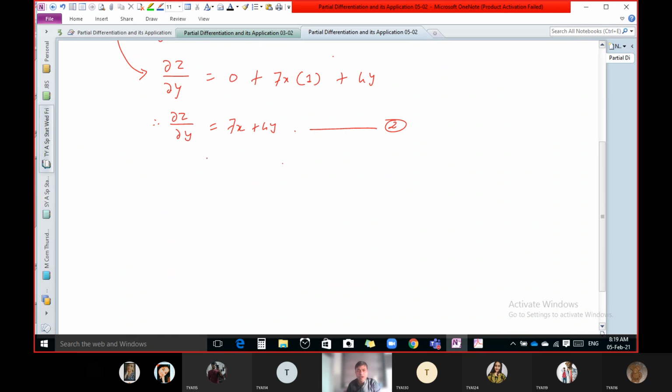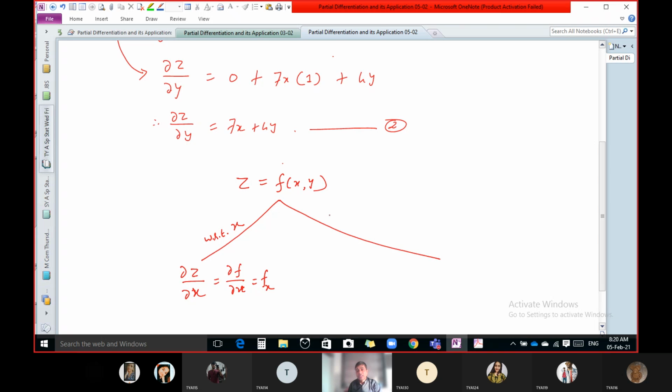So if there is one function z, z is a function of x and y, let us say it is denoted by f of xy. So z is a function of two variables x and y. If we differentiate z with respect to x, keeping y constant, then it is denoted by delta z upon delta x, or sometimes delta f upon delta x, or sometimes only fx.